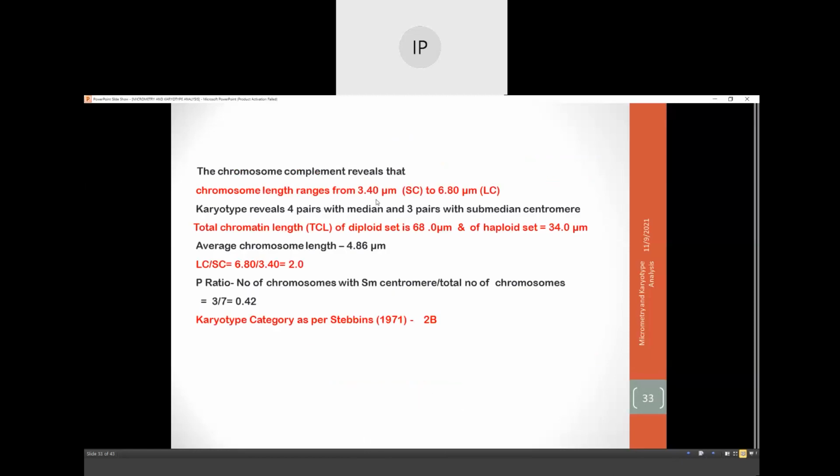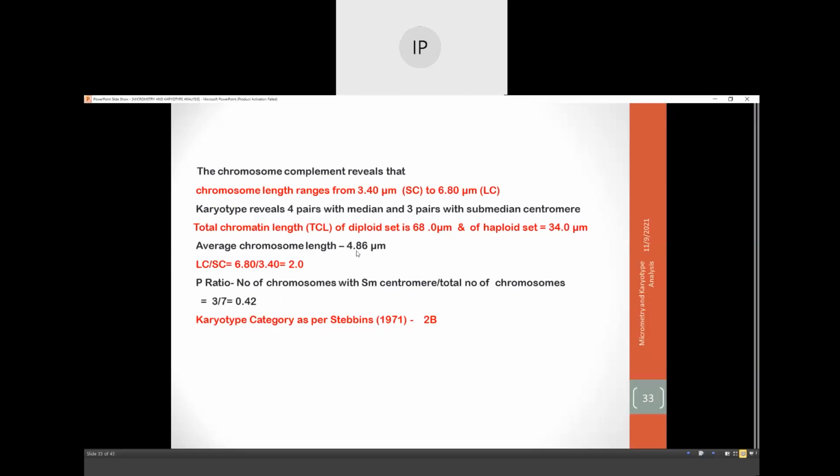The chromosome complement reveals that chromosome length ranges from 3.40 for the shortest chromosome to 6.80. The karyotype reveals 4 pairs with median and 3 pairs with submedian centromere. The total chromatin length is 68 micrometer of haploid set and 34.0 of haploid set or diploid set.